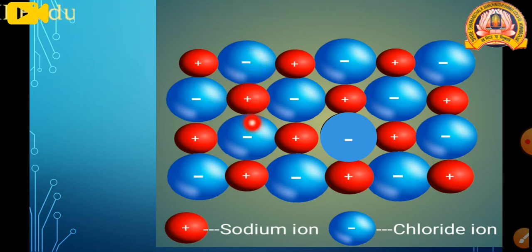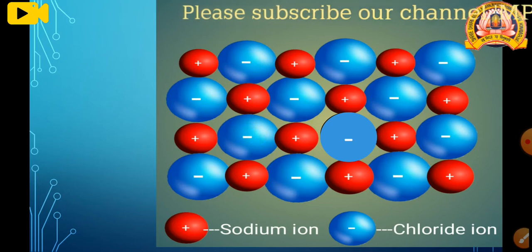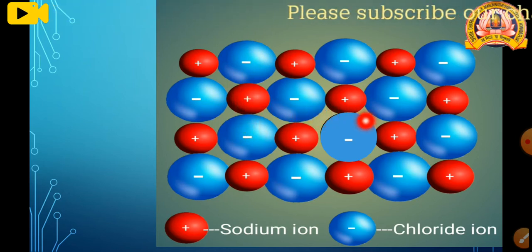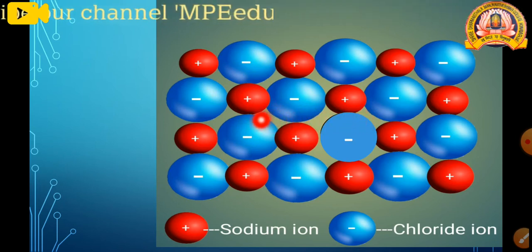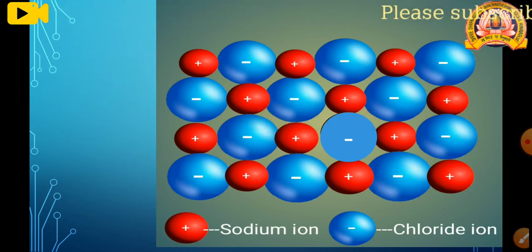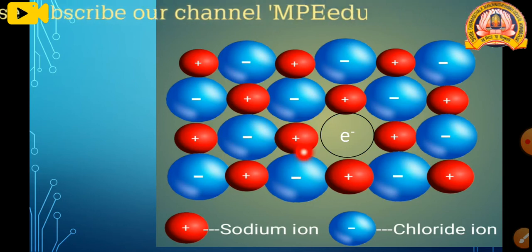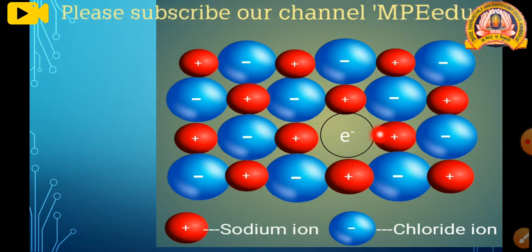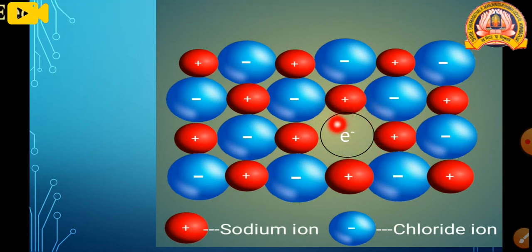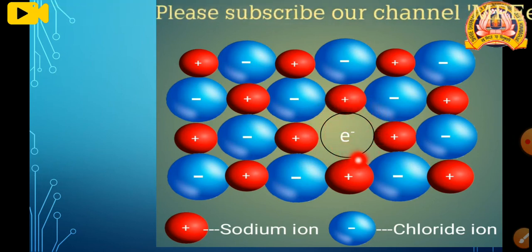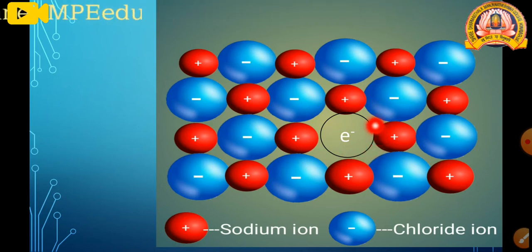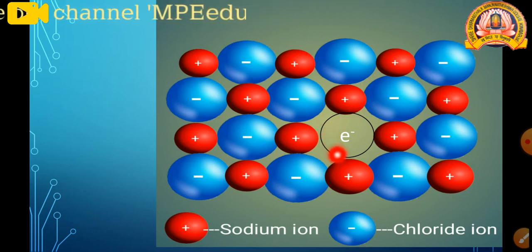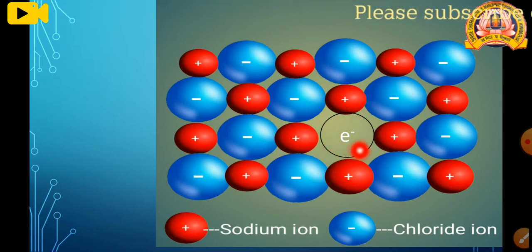Due to that, the change in properties affects the bond, and the bond easily undergoes cleavage, and one negative ion may be missing or evaporated. One chloride in this place is evaporated, and the place of the chloride becomes vacant.